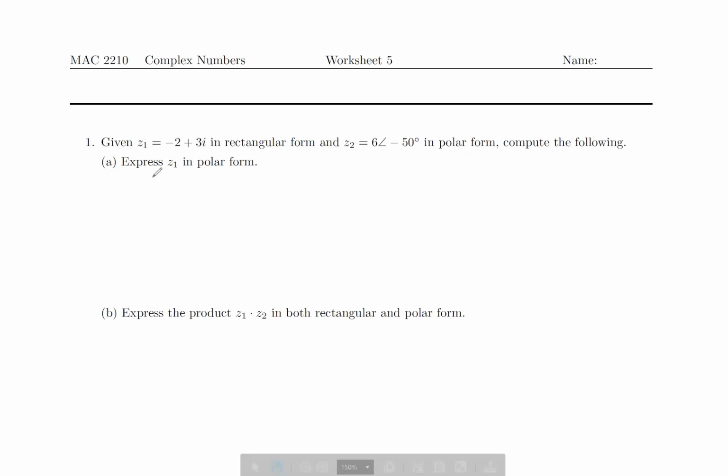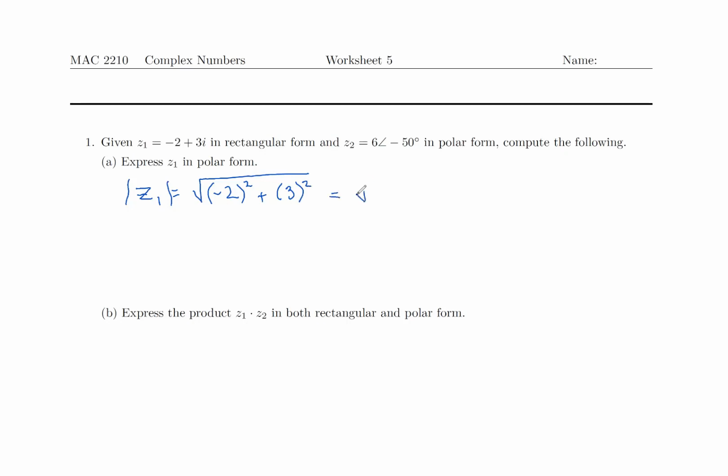First thing I do is say that the magnitude of Z1 is the square root of the real part squared plus the imaginary part squared.